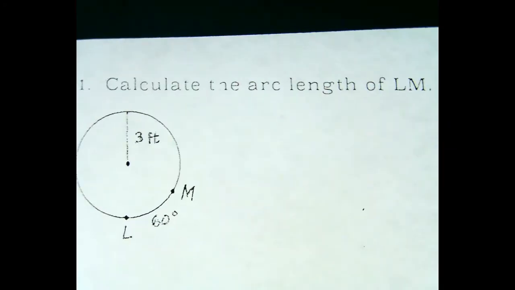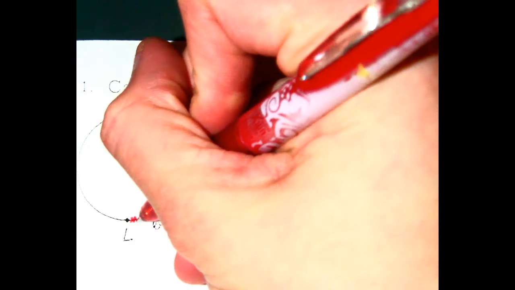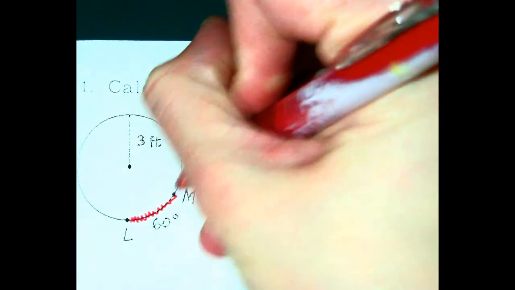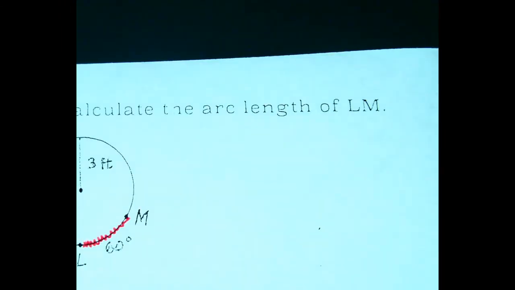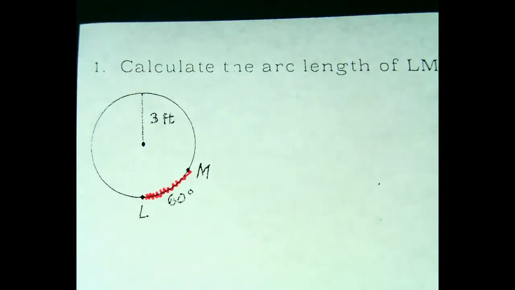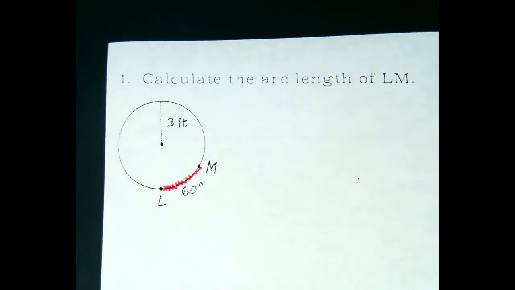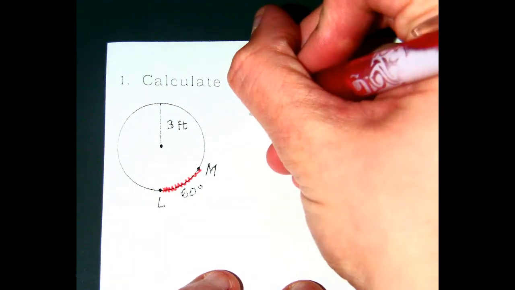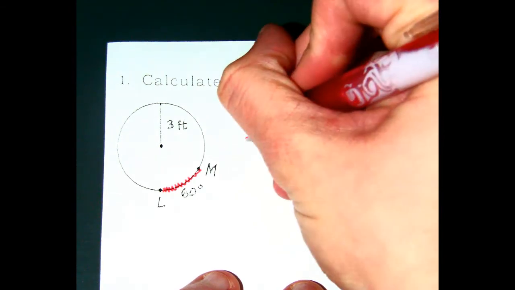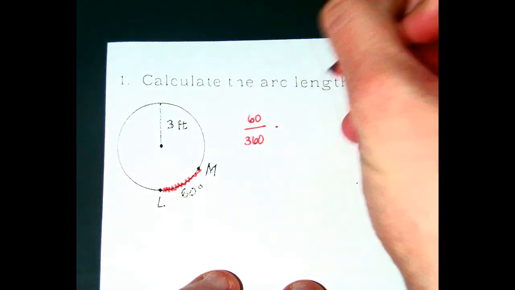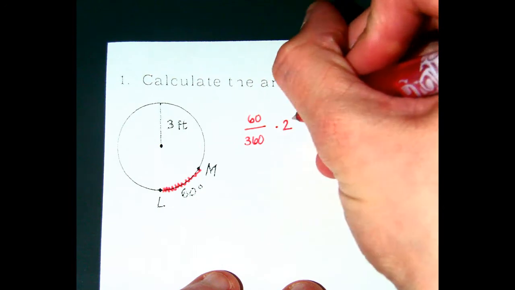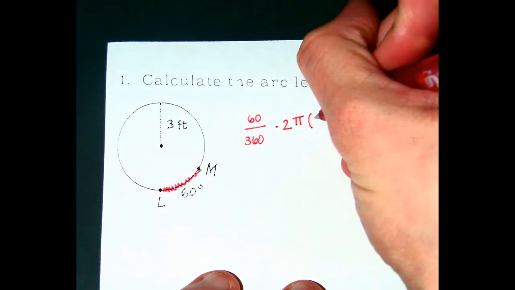I want to find the length of LM, meaning this arc length right here. I've got 60 over 360 times 2 pi, and the radius is 3.